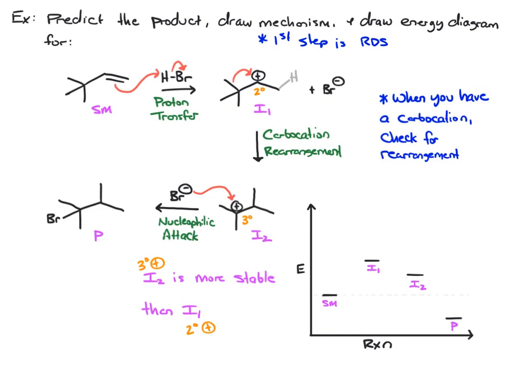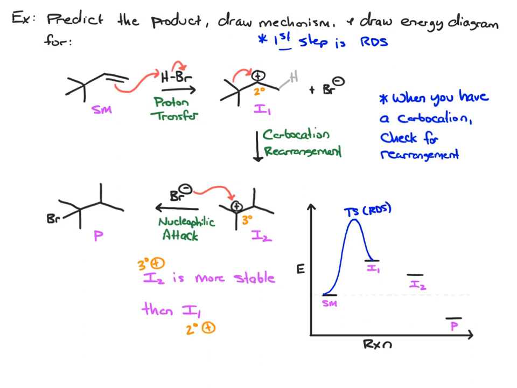Now we need to draw our lines connecting them and our transition states. And you should have a transition state between each step. We were told that the first step is the rate determining step. So that's going to be our tallest hump. So draw a big hump right here. There's the transition state for this step, and that's our rate determining step.